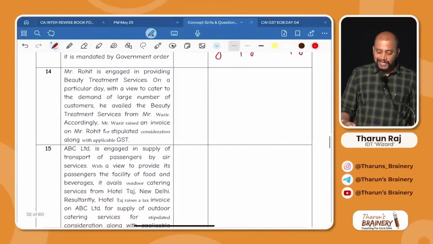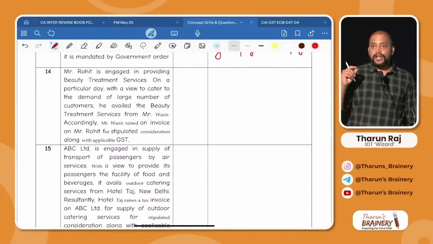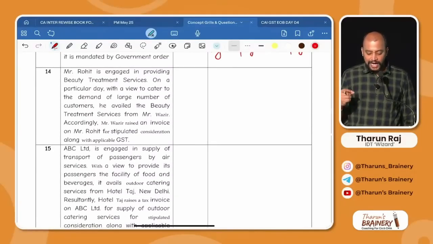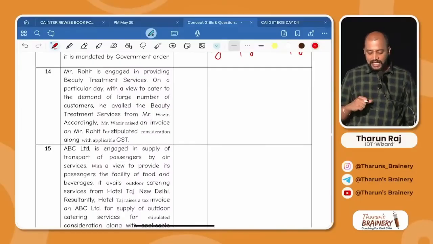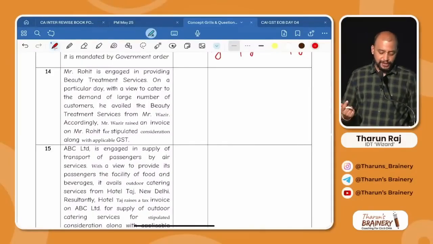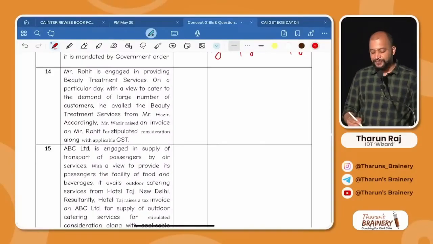Mr. Rohit is engaged in providing beauty treatment services on a particular day with a view to cater to the demand of a large number of customers. He availed the beauty treatment services from Mr. Wazir. Accordingly, Mr. Wazir raised an invoice on Mr. Rohit for stipulated consideration along with applicable GST. Whether ITC available? Yes.